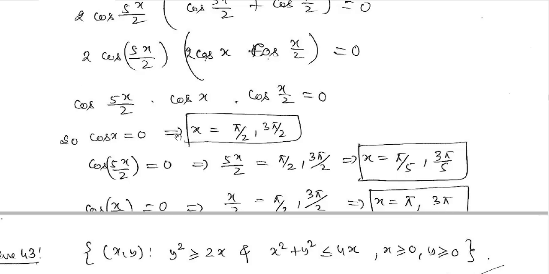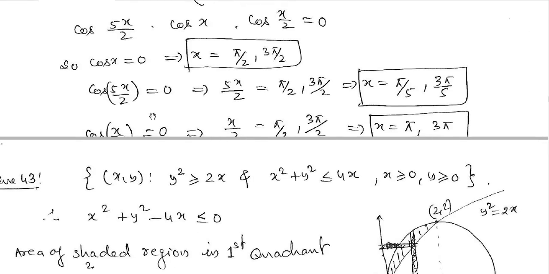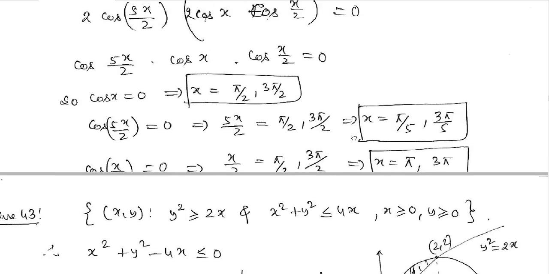So for x belongs to 0 to 2 pi, x equal to pi by 2 and 3 pi by 2 are the values where cos x becomes 0. Doing this, we get these 5 values. So there are 5 values. 5 is the answer.